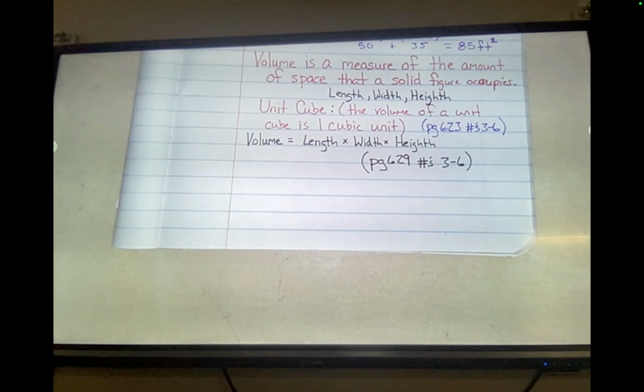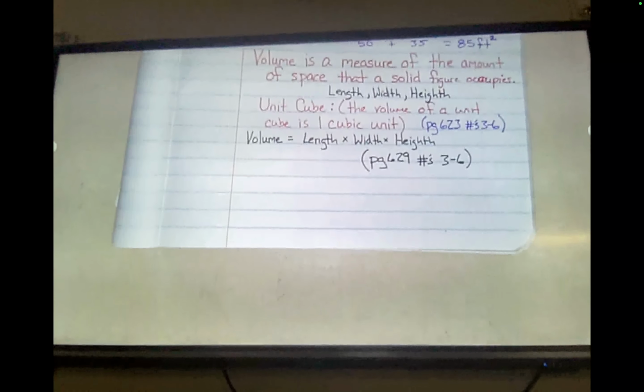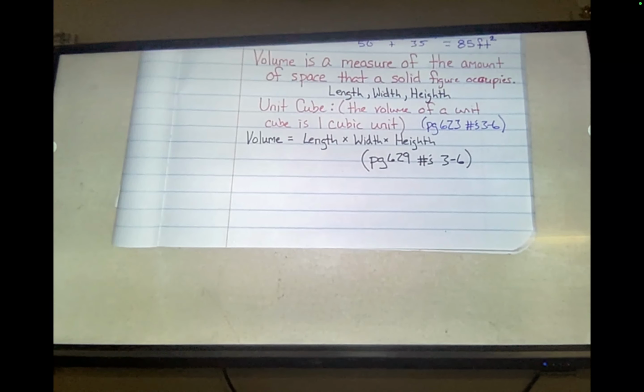The sub is going to stop the video and give you about 3 to 5 minutes to do these. Make sure that you are putting the units cubed in your answer. Don't just put a number as your answer. Make sure that you're putting the units cubed as your answer as well. So we'll give you just a minute to do those before we get back started on this.